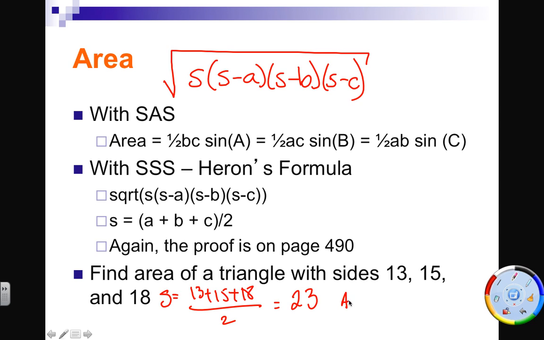So I could just say area equals the square root of 23 times 23 minus 13, which is 10, 23 minus 15, which is 8, and 23 minus 18, which is 5.